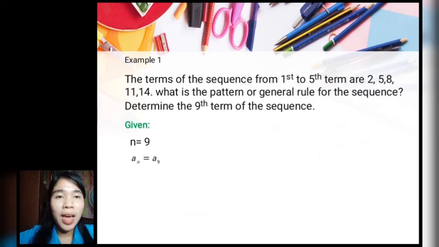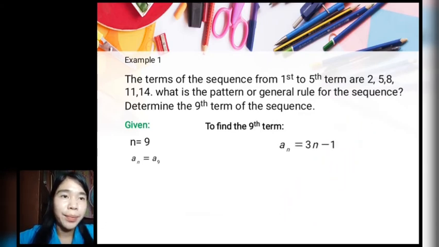Then a sub n is equal to a sub 9. So now we will find the ninth term. So we have here the general rule, which is a sub n is equal to 3n minus 1. So let's now substitute the given to the given formula. Okay, so n here is 9.